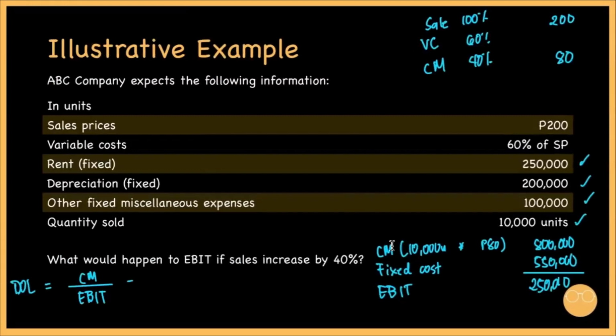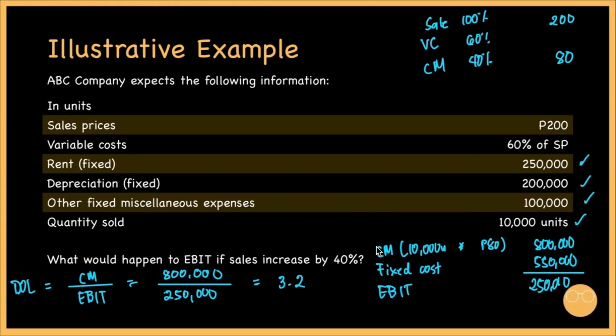So let's go back to our illustrative example. 800,000 divided by 250,000, our answer is 3.2. Meaning to say, the degree of operating leverage is a multiplier for the percentage change in sales, amounting to 3.2.